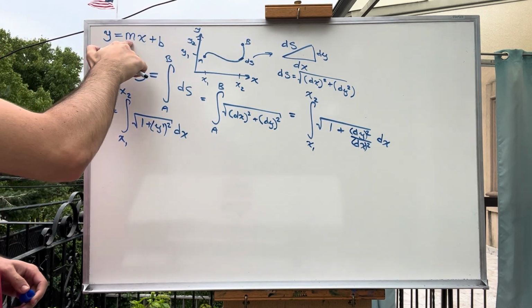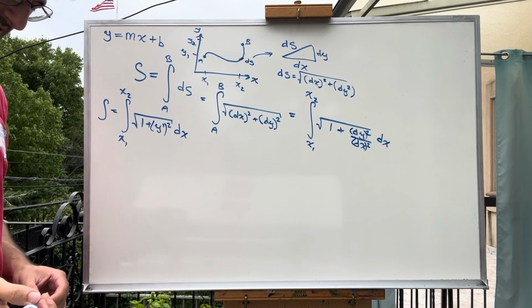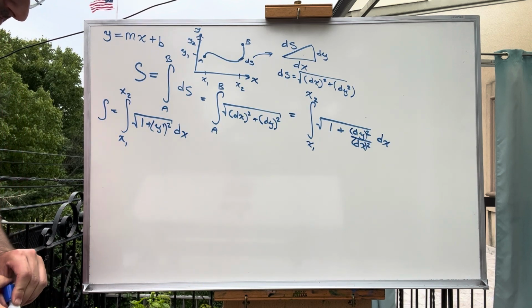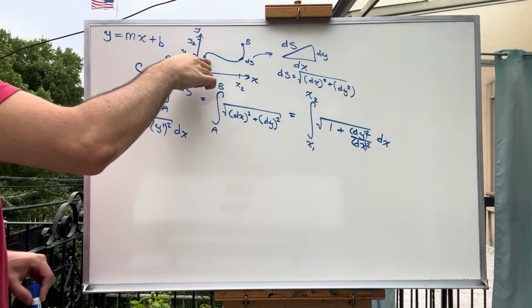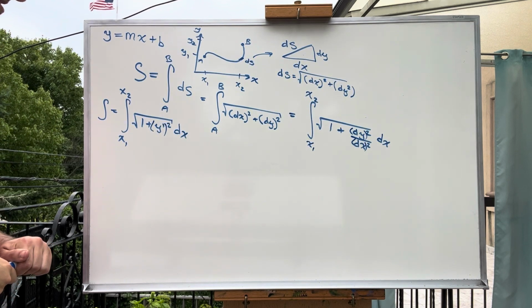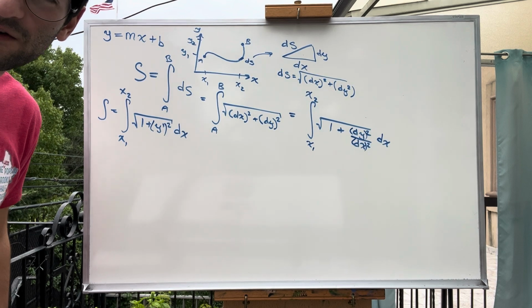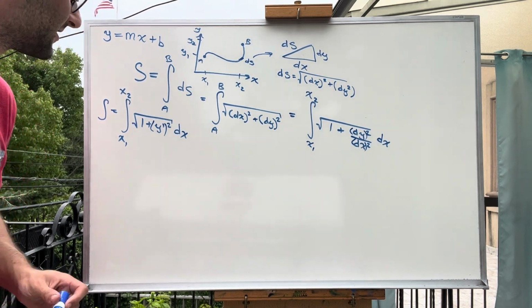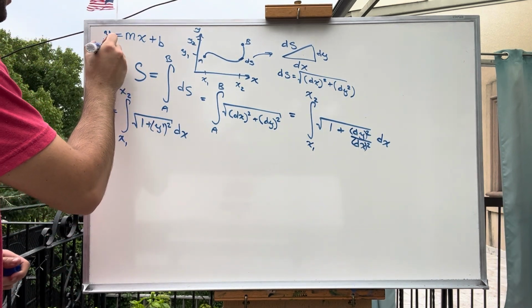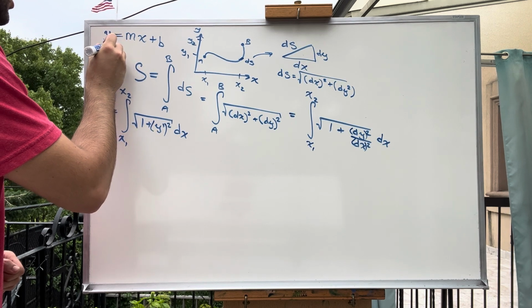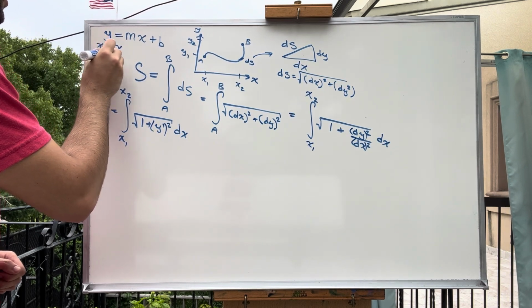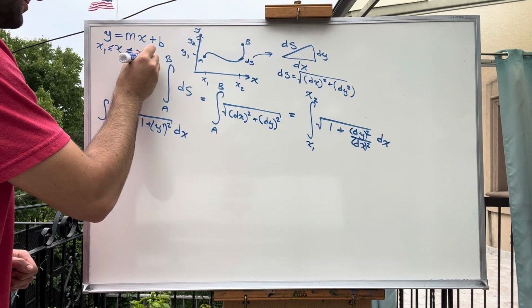Some constant, the slope m, plus another constant, its y-intercept. In this case, there is no y-intercept, but nonetheless, some function in the form as such from the domain of x being between x1 and x2.